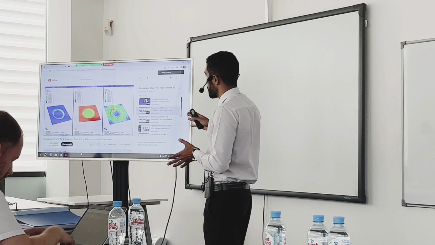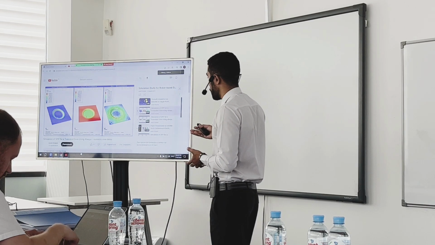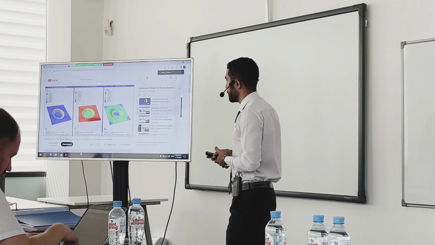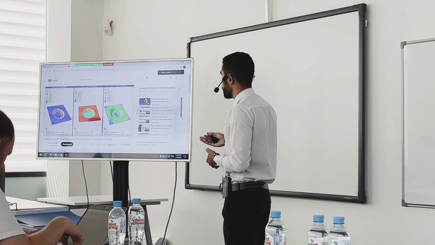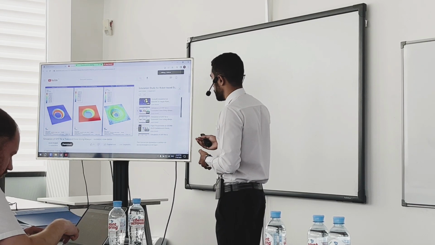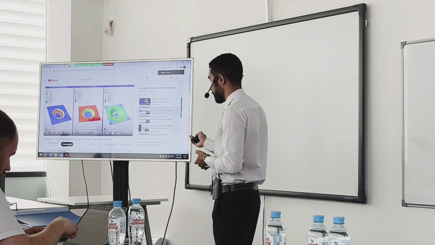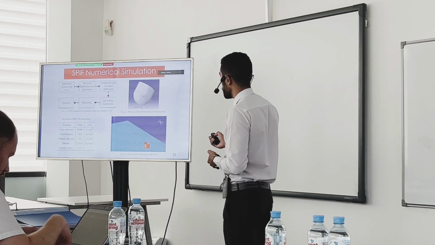So this is a practical insight on how the single point incremental sheet forming can be performed using a numerical simulation tool. Okay, you can go back to the presentation.